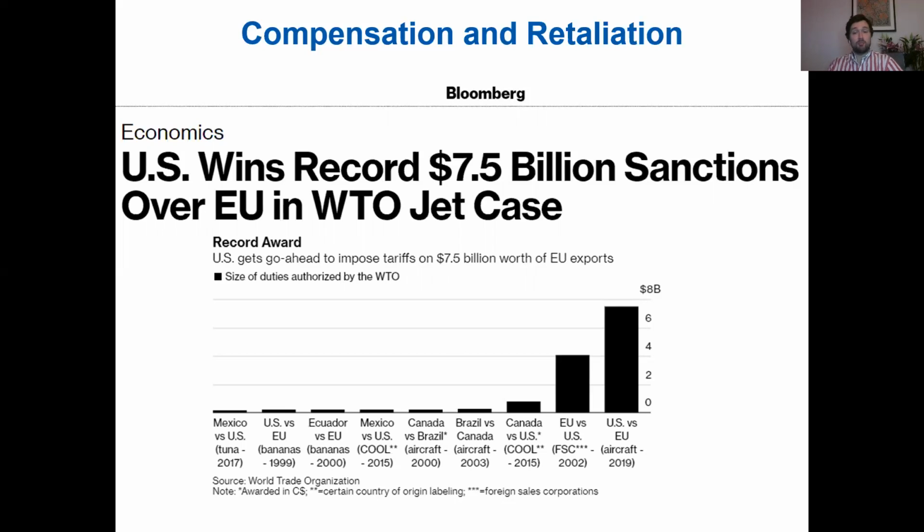You see that 7.5 indeed is a record. There was a big dispute between the EU and the US called US FSC, Foreign Sales Corporation, where retaliation was also impressive. But otherwise, figures are not that big, and you saw that compensation, even in the copyright dispute, was only $3.3 million.